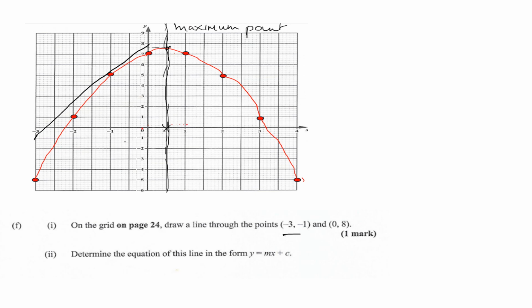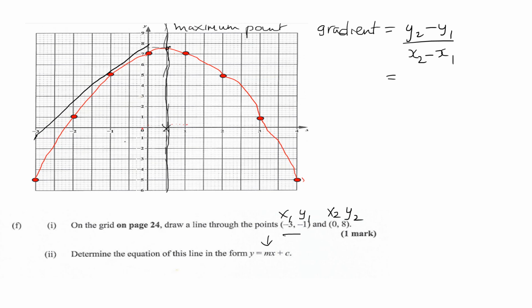Determine the equation of this line in the form y equals mx plus c. So the first thing we need to do is to find the gradient, which is m. And the formula for gradient is y2 minus y1 over x2 minus x1. So we have to label here: this is x1, y1, x2, y2.